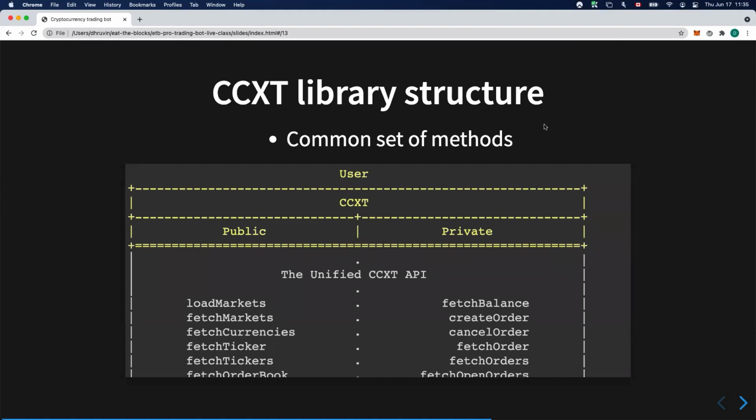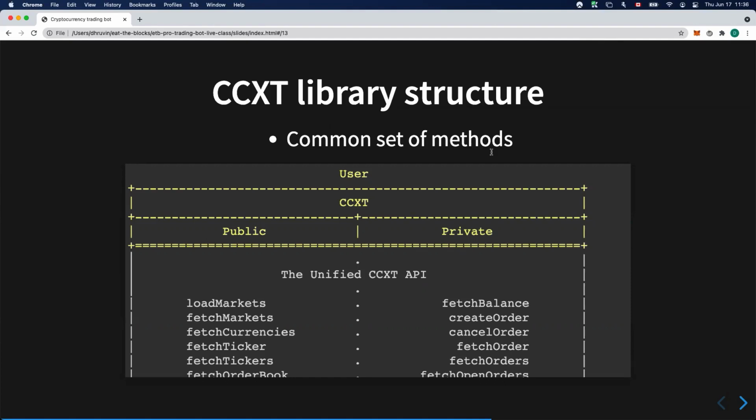Before we jump into the basics of CCXT, I just want you to get acquainted with the library structure of CCXT. They have 2 types of functions: public functions and private functions. Public functions don't require any API keys.